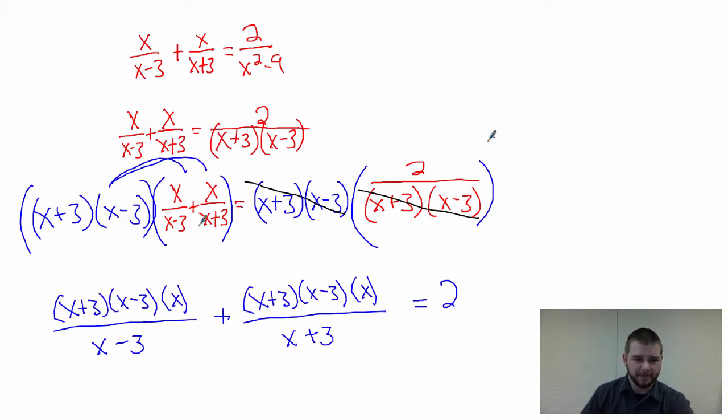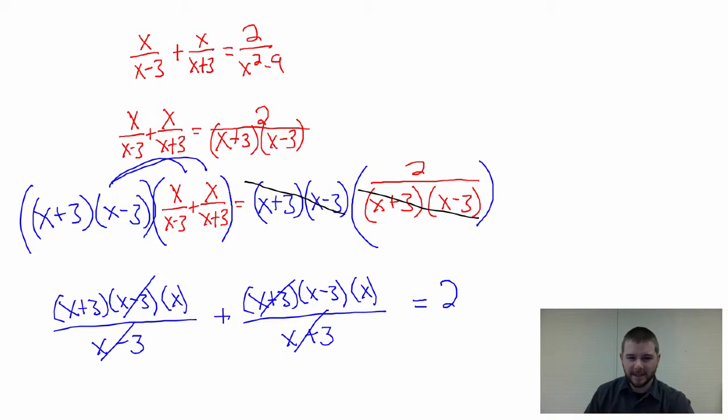Notice some things cancel. So on the left-hand side, we'll have x plus 3 times x. On the right-hand side here, x minus 3 times x.